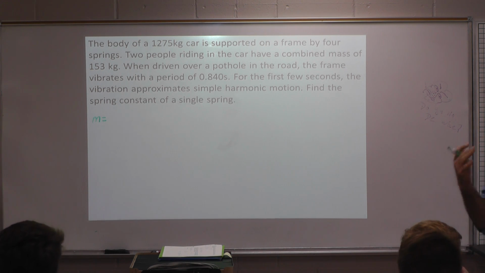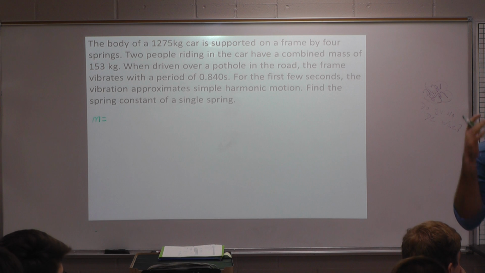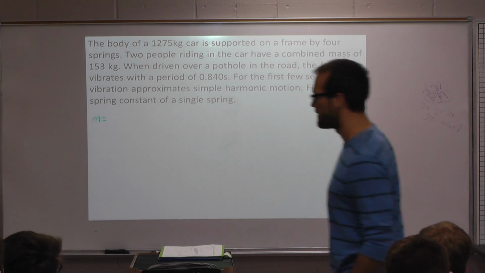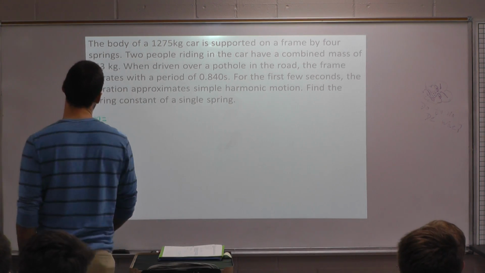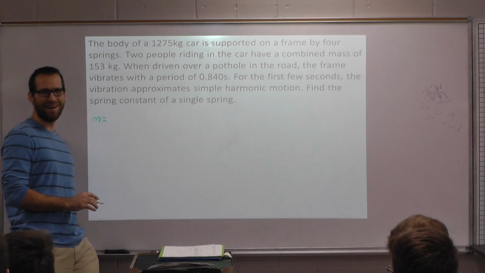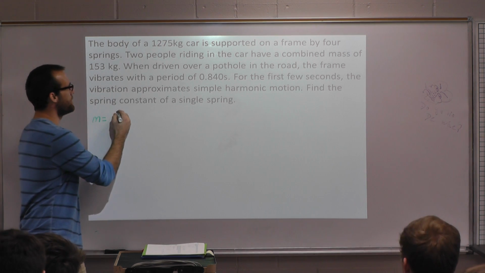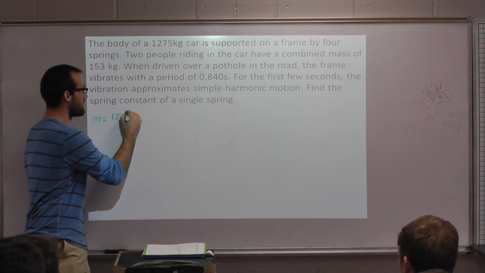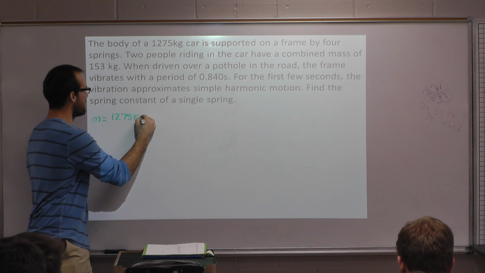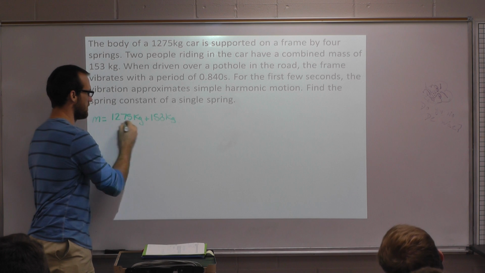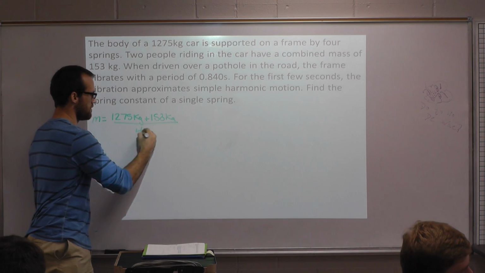So we need to find the mass distributed on just one of the springs. How would we do that? You add the masses and divide by 4. What if you divide the end result by 4? That's the same thing. Okay, good. Yes, guaranteed to be the same thing.